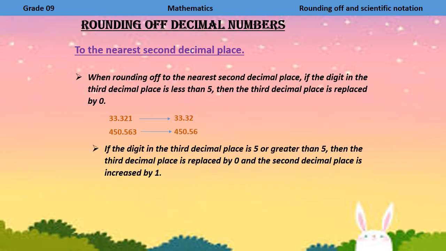If the digit in the third decimal place is 5 or greater than 5, then the third decimal place is replaced by 0 and the second decimal place is increased by 1. 68.325. Here 5 is the digit in the third decimal place, then we have to increase the second decimal place by 1. Answer is 68.33.